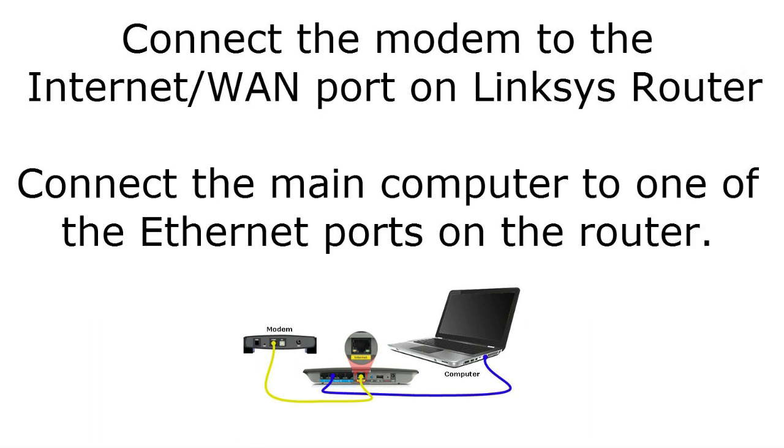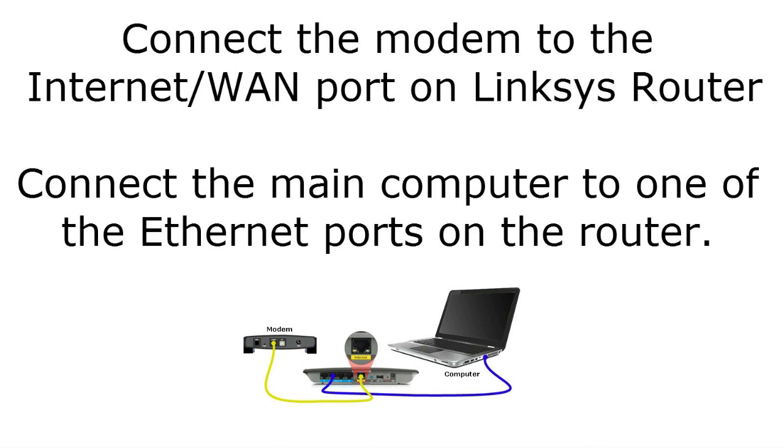Now first of all we will need to make connections to the router. Connect the internet modem to the internet or WAN port on the Linksys router. There are 4 Ethernet ports on the Linksys router. You will see port number 1, 2, 3, 4 on the router. Connect your main computer to one of the 4 ports.